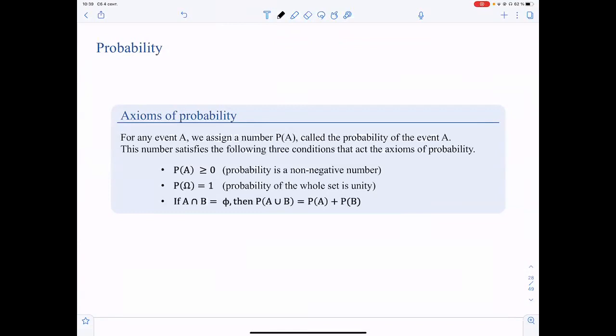This is defined by the union. A union B means that either A or B happens. If they have an empty set as an intersection, the probability is the sum of these two probabilities. You add the probability of 1 and the probability of 6, and you get the probability of either 1 or 6. All right. So this stands for a very basic definition.